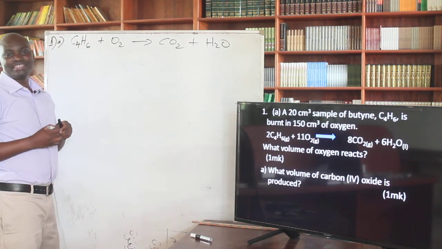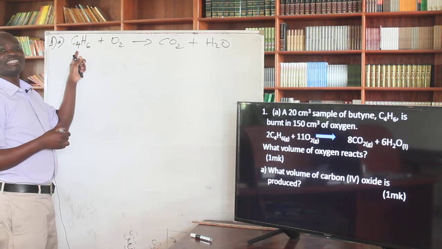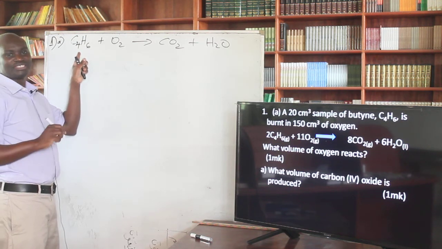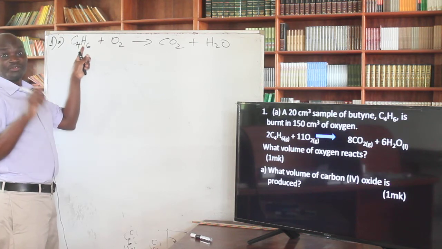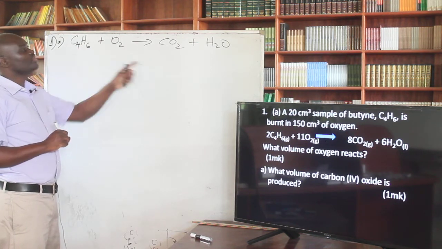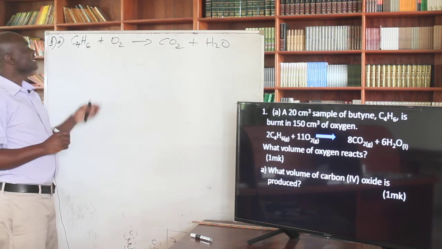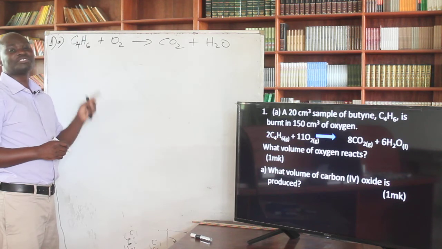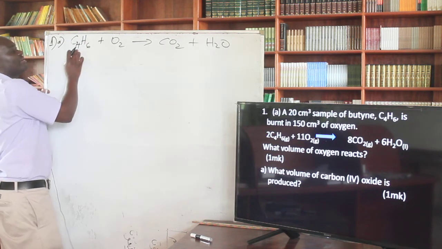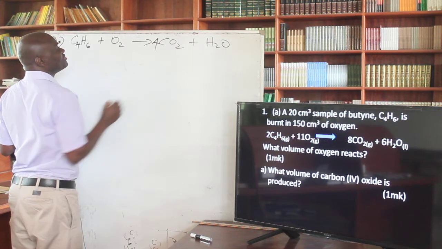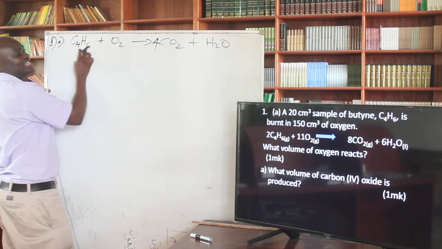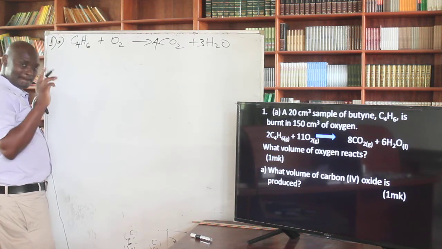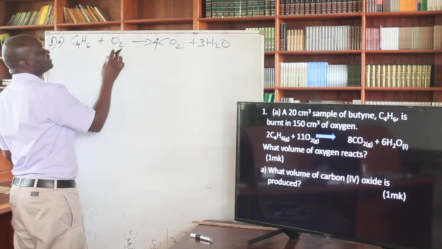This is an organic equation representing the burning of hydrocarbons. Hydrocarbons are compounds made up of carbon and hydrogen, and whenever you burn hydrocarbons in air, you get carbon dioxide and water. In balancing organic equations, the first thing to do is to balance carbon. 4 carbon, 4 carbon. 6 hydrogen, 6 hydrogen, 3 times 2. Then finally, balance oxygen. This side is 2.